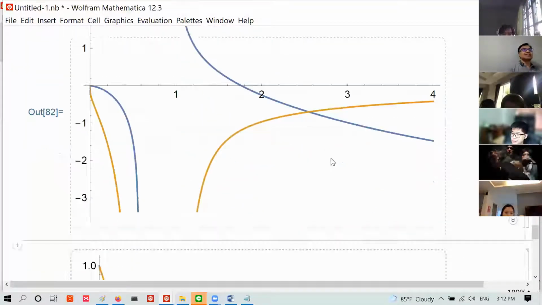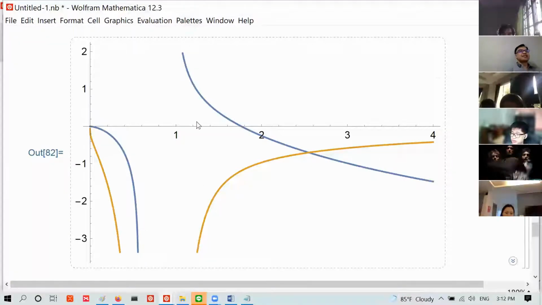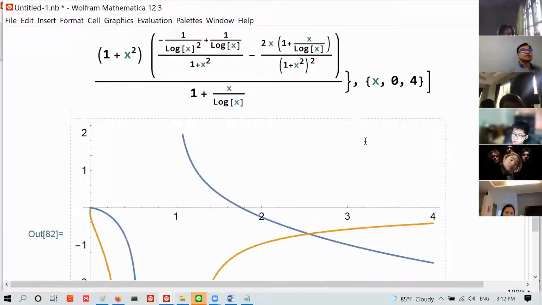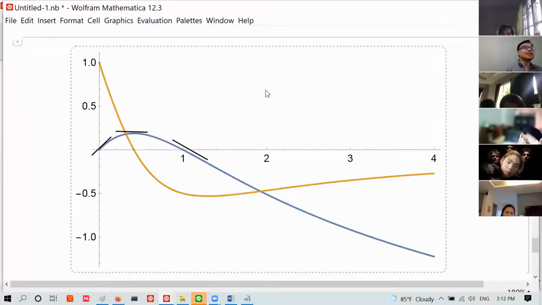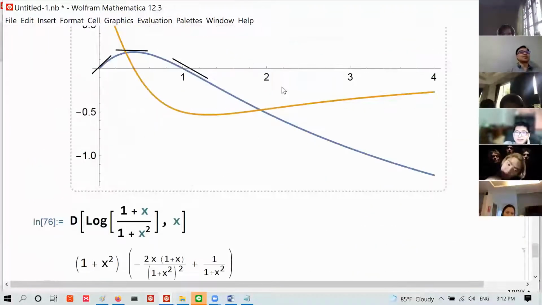So that's even funnier. This function doesn't even converge. Okay. So the point is you can give any function, and it will give you the slope.